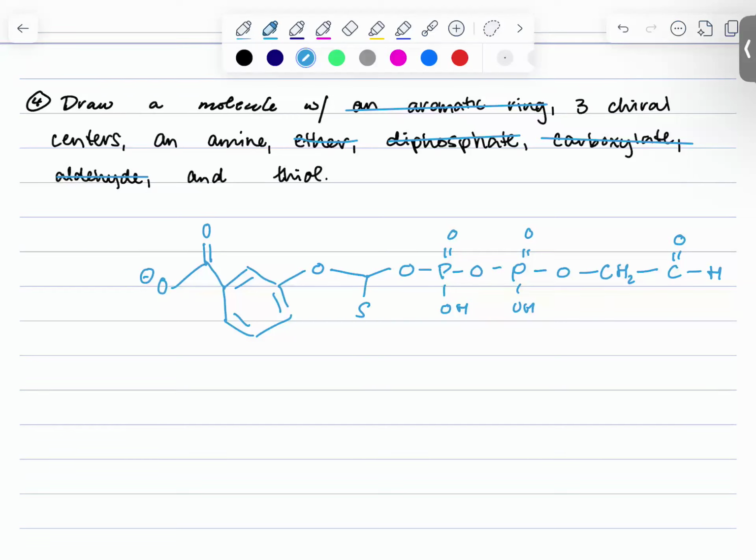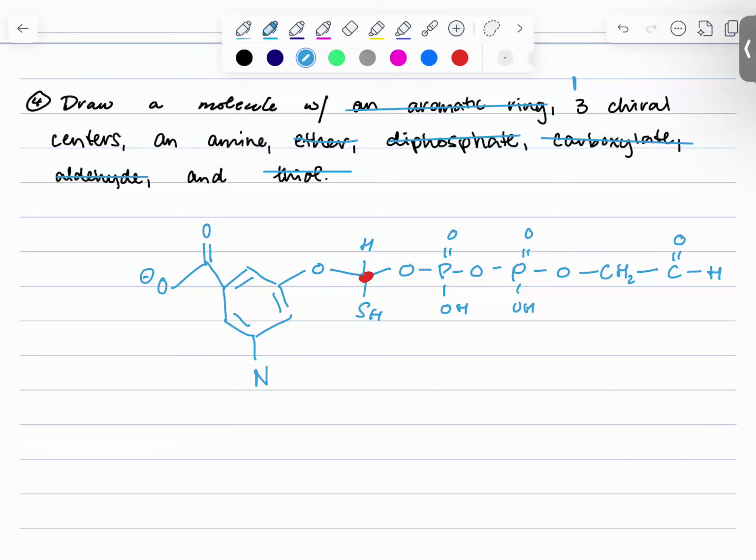So if I add a thiol here, that turns this into a chiral center, because now I have 4 unique substituents. I have the ether, the diphosphate, and the thiol, plus that implied hydrogen that I now made explicit. So I've got one of my 3 chiral centers. And I finished out my thiol.